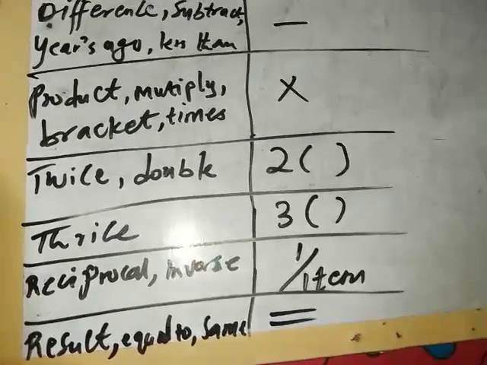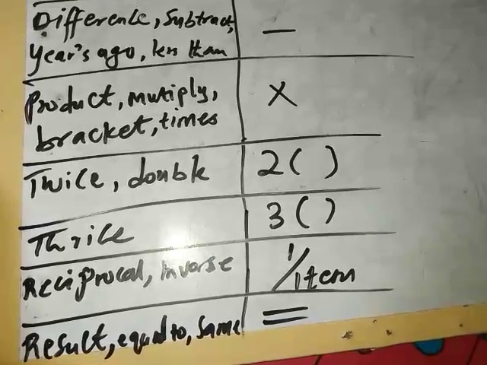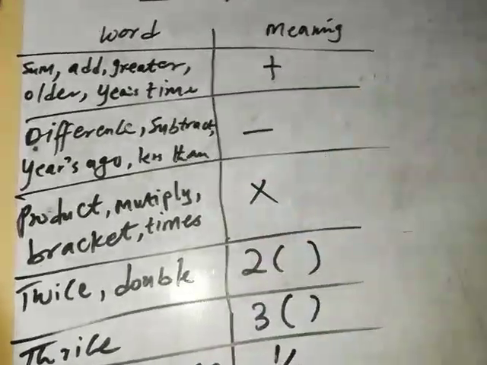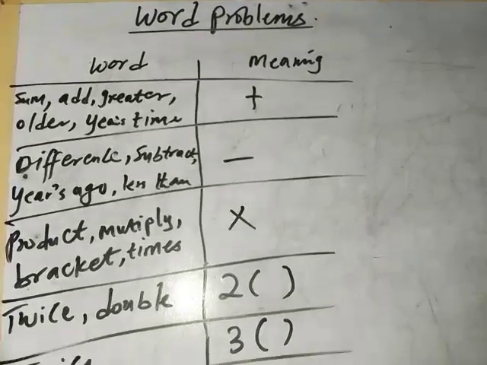So these are the meanings and some symbols we have in word problems. And if you know all these things, you are free to go. You can solve as many problems as you can in word problems.